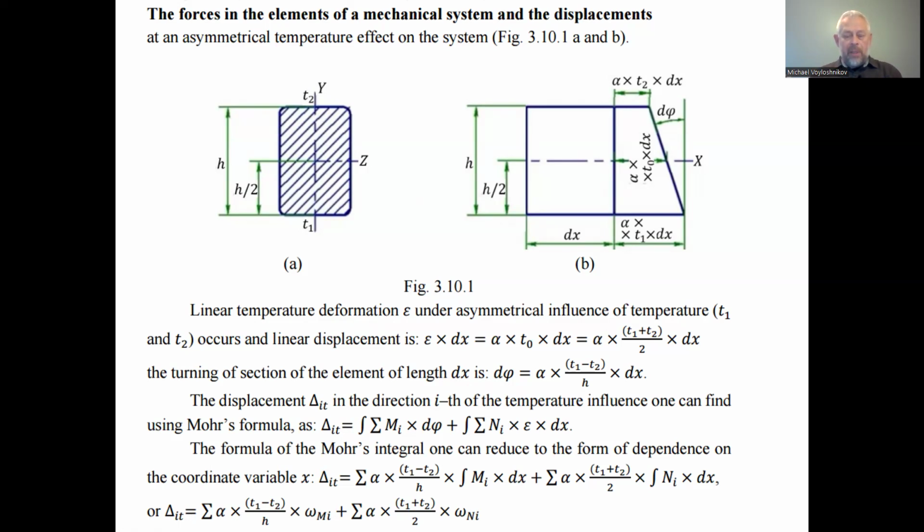So first of all, let's consider a small segment of the rod under the action of a temperature difference. This is the transverse section of the rod. This is a plane of the rod from another direction. And this small piece of rod is embedded at the left side, and it has the length of the increment of the abscissa dx.